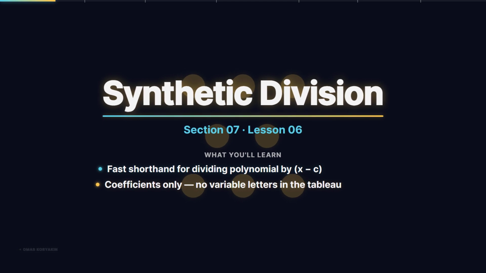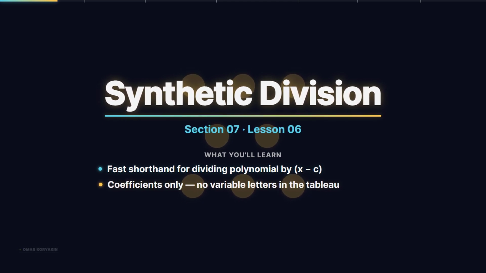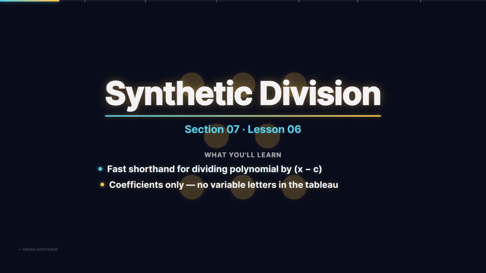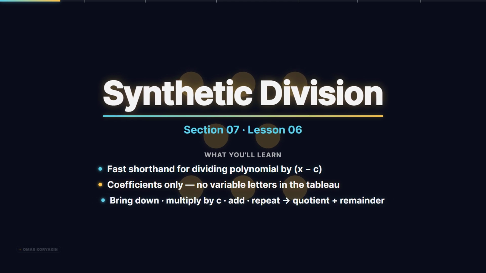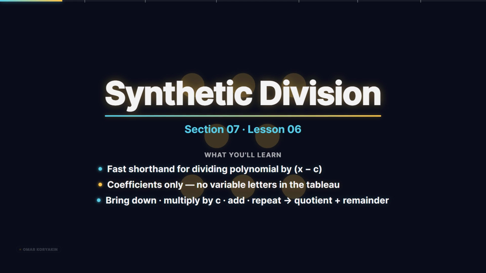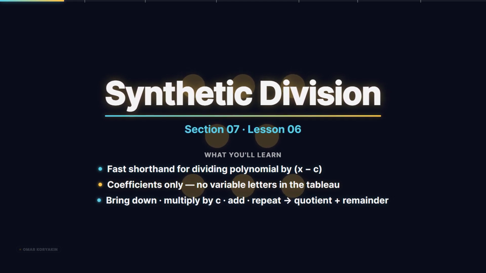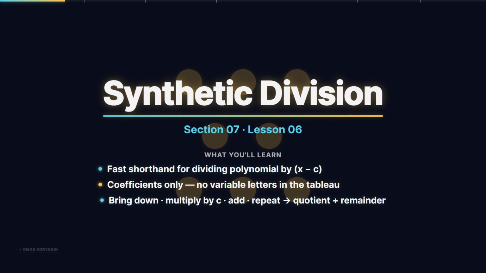Step 4, repeat from step 2, multiplying the new bottom row entry by c until all columns are processed. The final entry in the bottom row is the remainder. The earlier entries, read left to right, are the coefficients of the quotient polynomial, which has degree 1 less than the dividend.